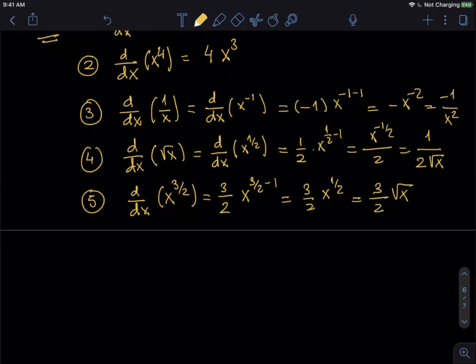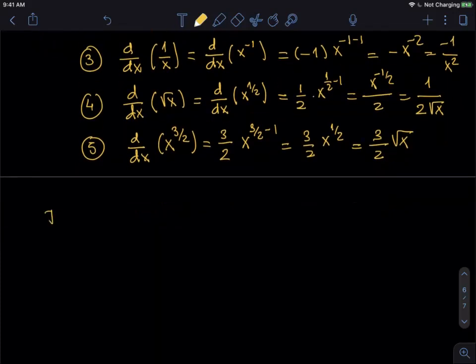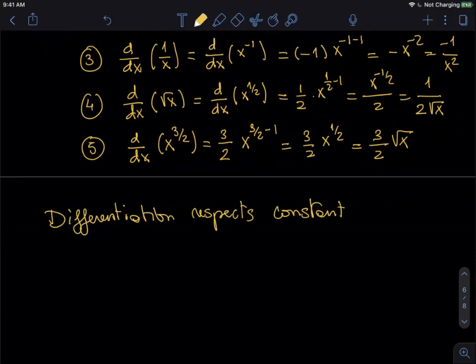But then there is a very nice property that derivatives have, that is that differentiation respects constant coefficients and addition.